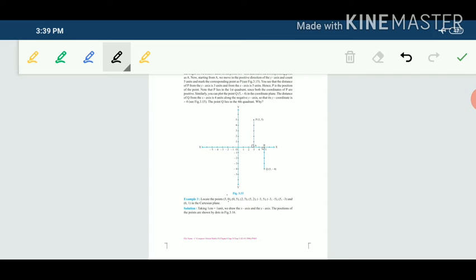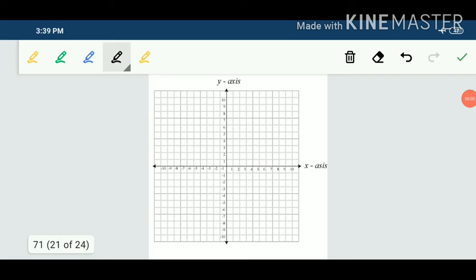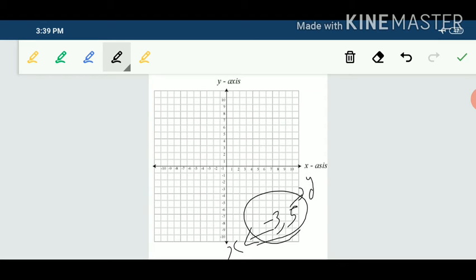Take any other point, like I am taking (-3, 5). Now we have to locate this point in the Cartesian plane. The value of x is -3 and the value of y is 5. First locate x equal to -3.